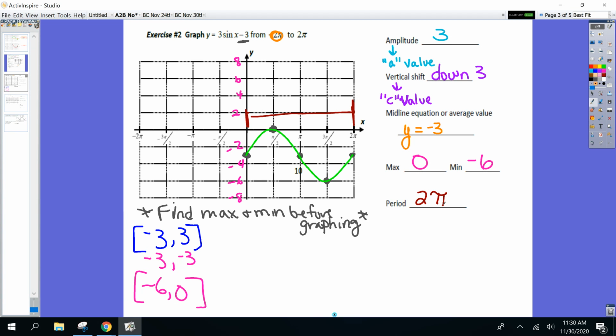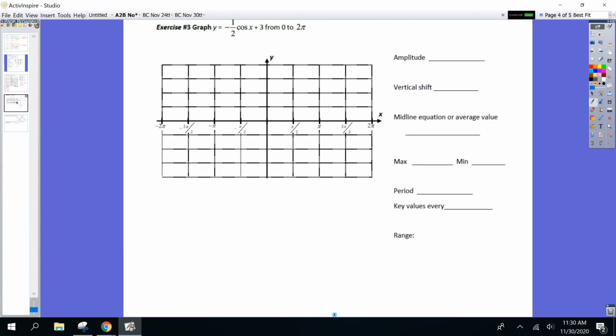All right, you ready? Here we go. -1/2 cosine x plus 3. Whew. I got a negative, I got a 1/2 out in front, and I got a 3 at the end.